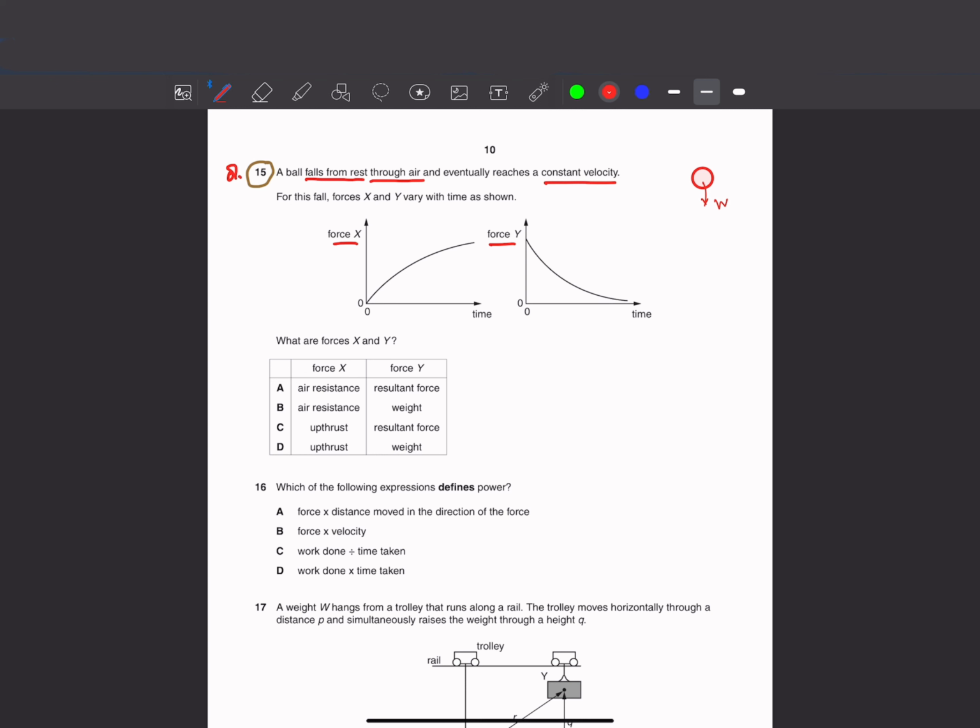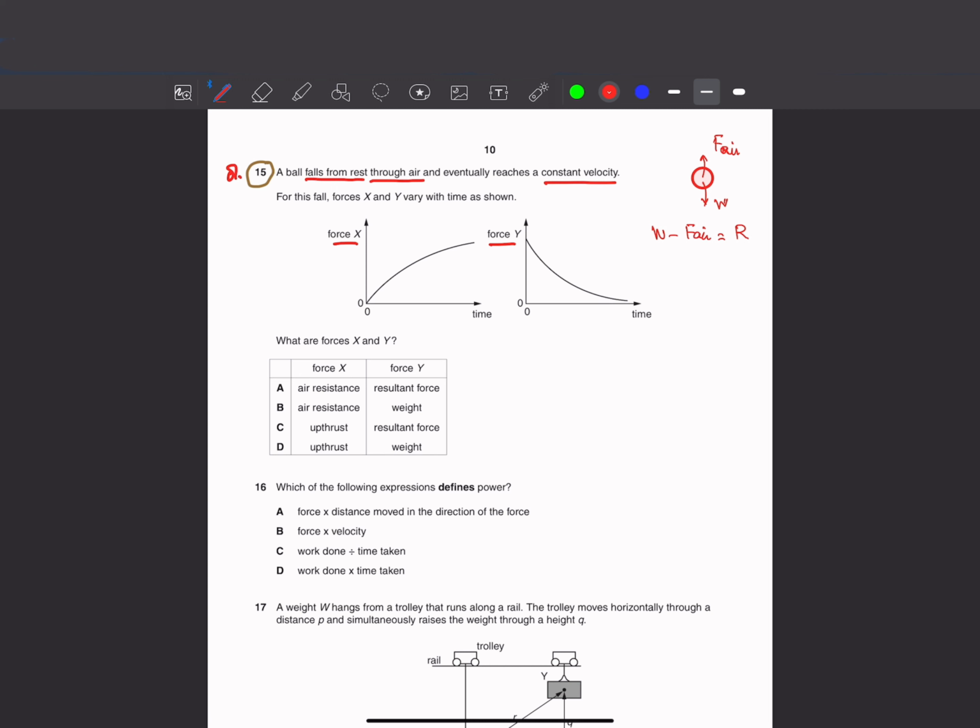The air friction will increase, and because of this air friction or air resistance, the resultant force... So the difference of these two, W minus F, is your resultant force. I can write R for this, and here we will see what the situation of the resultant force is.